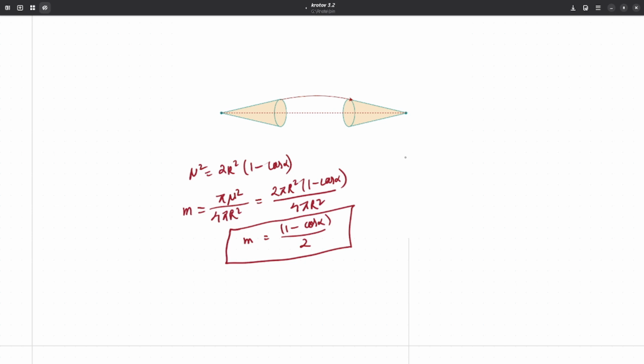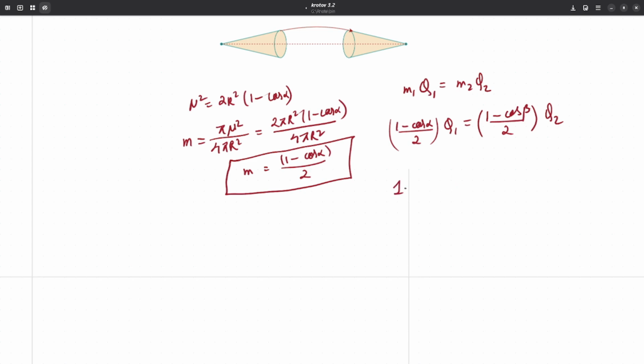Now we derived m1 q1 is equal to m2 q2. So we have m1 to be 1 minus cos alpha divided by 2 times q1, which is equal to m2, which can be written intuitively as 1 minus cos beta divided by 2 times q2.